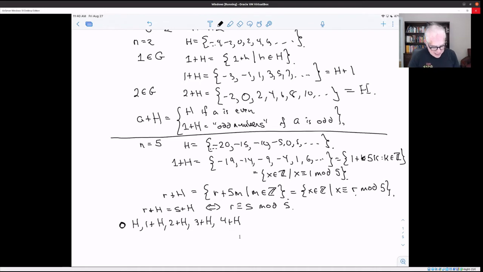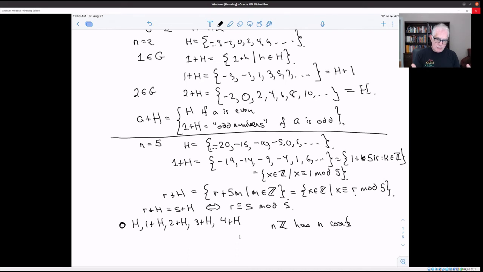And exactly the same argument tells you that nZ has n cosets. And I'm not distinguishing in this case between left and right cosets because whether you add on the right or add on the left doesn't matter. So the left and right cosets in an abelian group are exactly the same, and that's happening here.